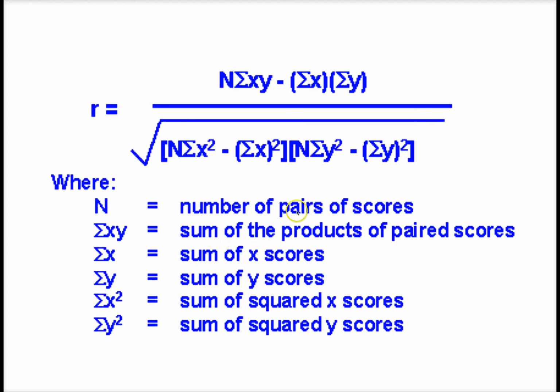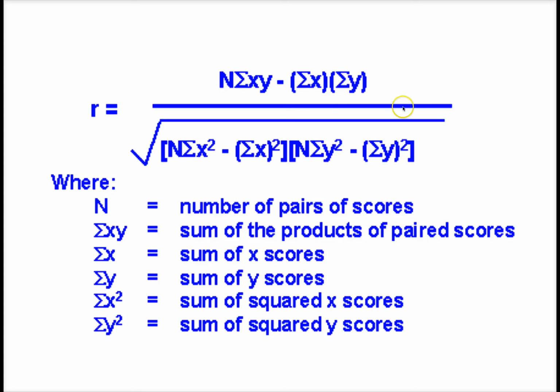Now here's the formula. R, which is the correlation, and we have the number of pairs, and we have the sum of x values, which would be height, and y values, which would be self-esteem. We would multiply them, and then we would subtract from that the sum of the x's multiplied by the sum of the y's.